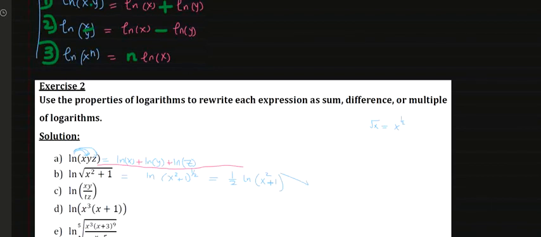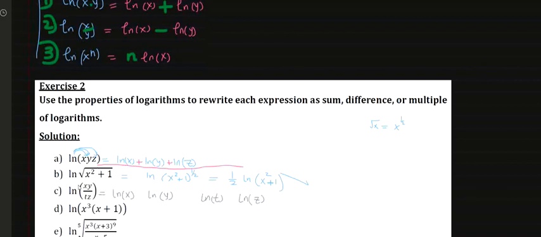Okay, let's move to number C, part C. Here we have things in a product and another product in the denominator. So we might let the ln of x be written alone, and then the ln of y, the ln of t, and the ln finally of z. What about the signs?